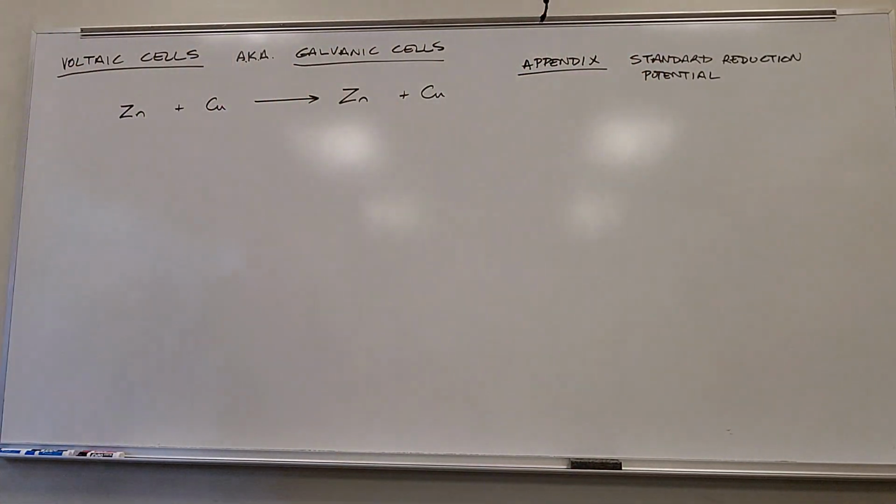Now, zinc is a, ooh, I almost said something out loud. I was about to say zinc is a transition metal. But it's not. Let's go look on the periodic table.